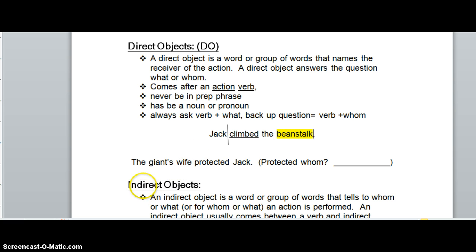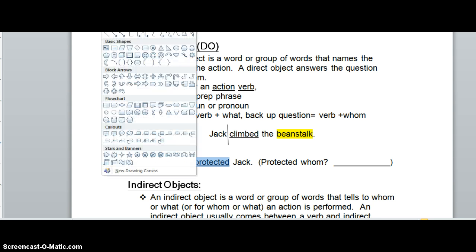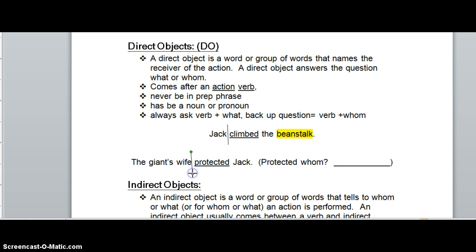Let's try another one. The giant's wife protected Jack. Step one is to find my verb and check that it's action. I do have an action verb, protected. My vertical split is going to go right after wife. So I'm going to say the giant's wife protected what? There's no answer to that, so then I'm going to do the backup question.